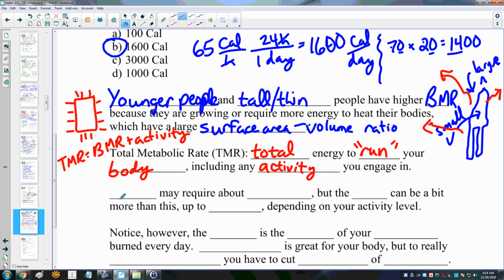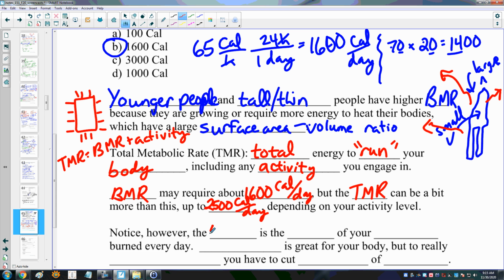The BMR may require about 1,600 calories per day, as we saw previously, but the TMR can be a bit more than that. It can be up to, say, 2,500 calories per day. But that depends on your activity level, right? If you're not very active, then you might need under 2,000 calories.